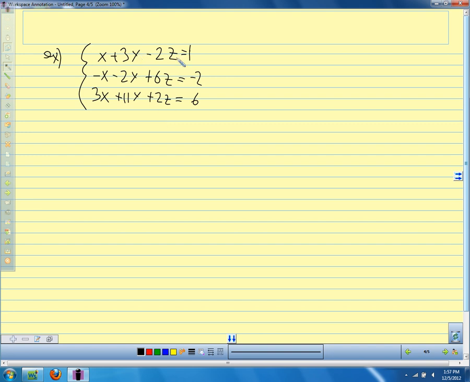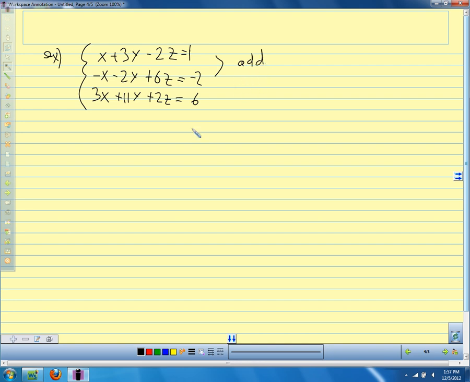So for row echelon form, our first equation is fine. We have no number in front of our x variable. So we just need to start getting rid of variables. We're going to use the first 2 rows to get rid of the x in the second row. This one's nice because we don't have to multiply by anything. We just have to add the first and second row.